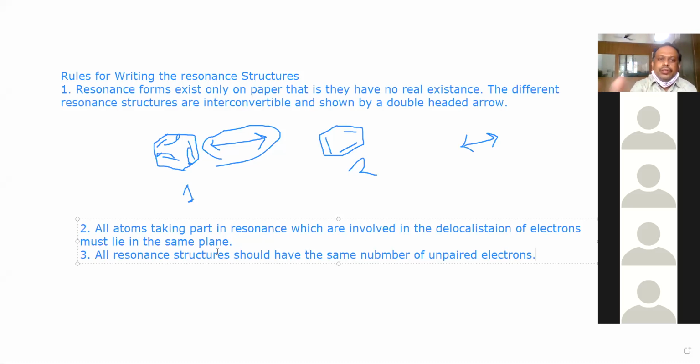First rule, this exists only on paper, no real existence. The resonance structures are interconvertible and shown by a double-headed arrow.